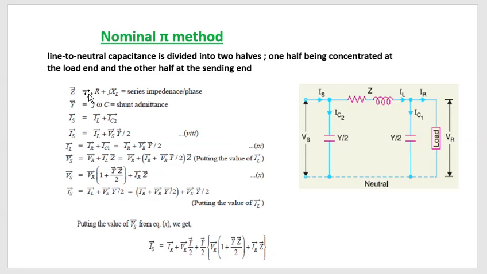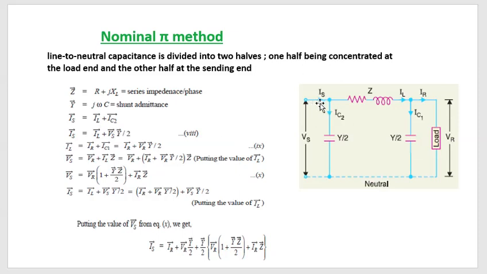we have these equations where Z is equal to R plus jXL, which is the series impedance per phase, and Y is equal to j omega C, which is the shunt admittance, and Is is equal to IL plus IC2.